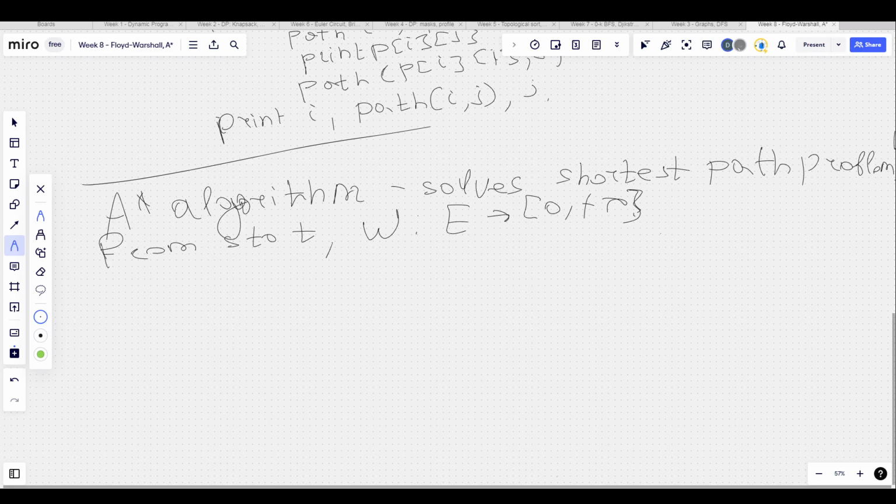The complexity works for O of V plus E, how it works in the Bellman-Ford algorithm.